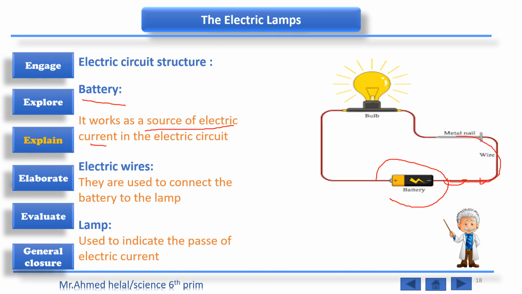This is the electric wire connecting the battery to the lamp. And finally, we'll talk about the lamp, used to indicate the path of electric current. How is it used to indicate the electric current? If we have light in the lamp, we have electric current in the electric circuit. If we haven't light, in this case we haven't electric current in the circuit.